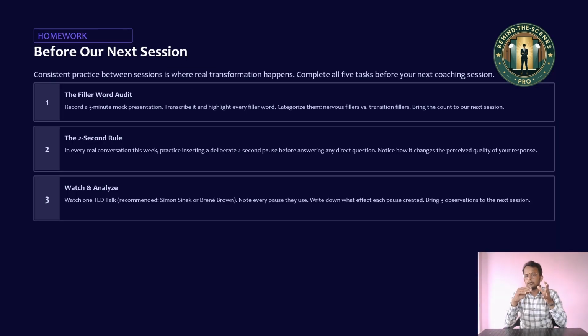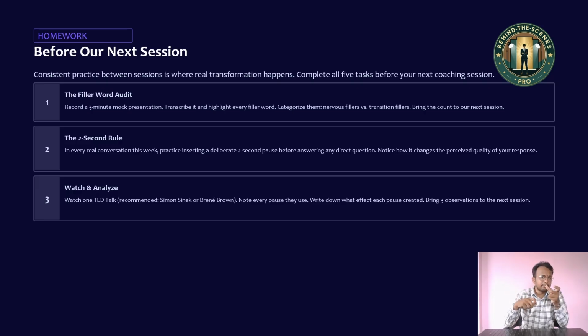Before we meet in the next session, these three are your home assignments. First one, the filler word audit. Record a 3-minute mock presentation. Choose any topic. Observe and highlight the filler words you used.